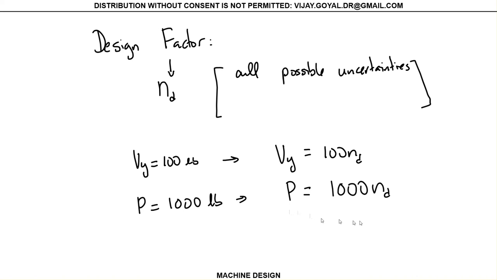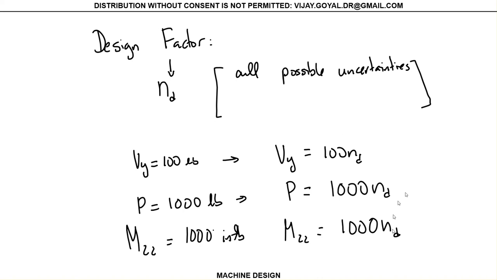So this is what we always want to do. You take your loads, you multiply by the design factor, whatever the design factor is. Maybe it is a moment, inches pound. Then your new moment, you just multiply that moment by the design factor.